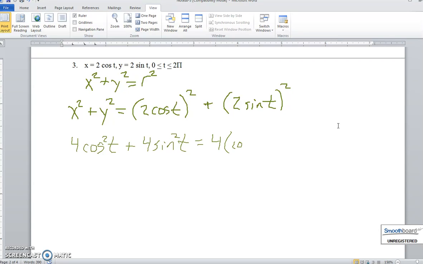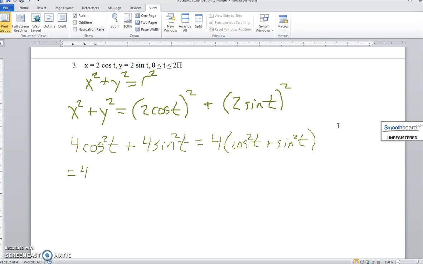I'm left with cosine squared plus sine squared. And if you remember from previous units in this semester, cosine squared plus sine squared, as long as you have the same variable there, that equals 1. So really I'm left with 4 times a 1, or just 4.